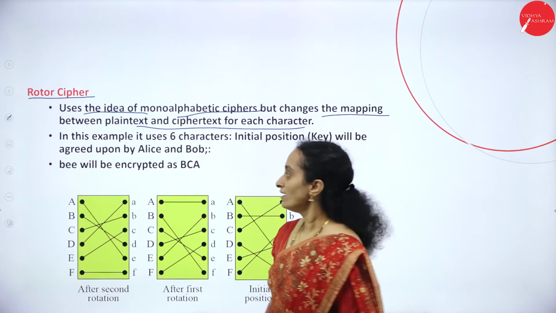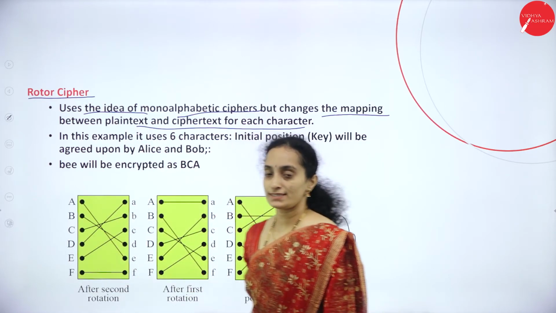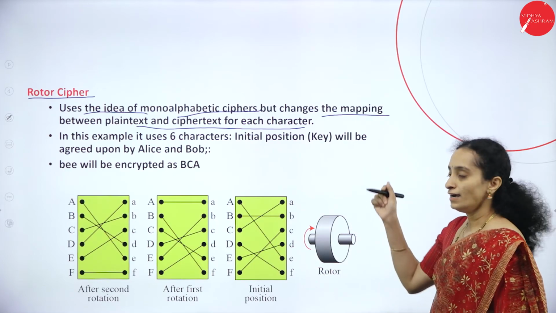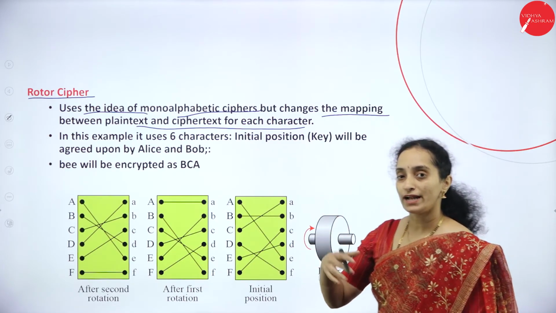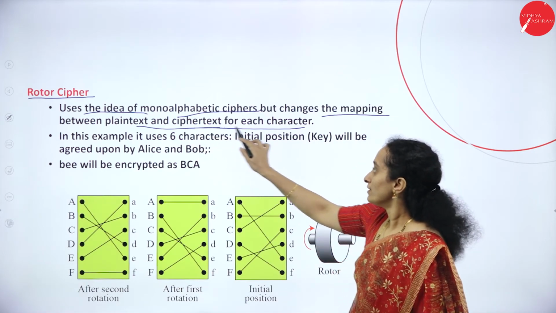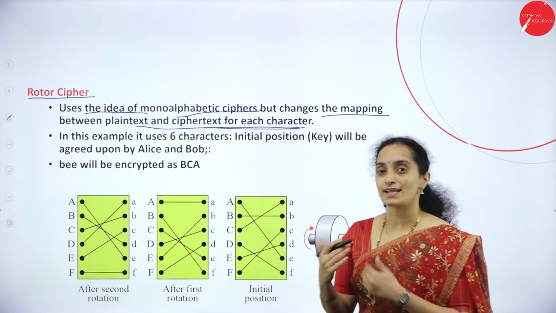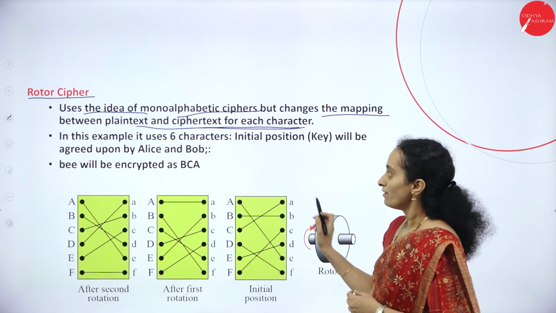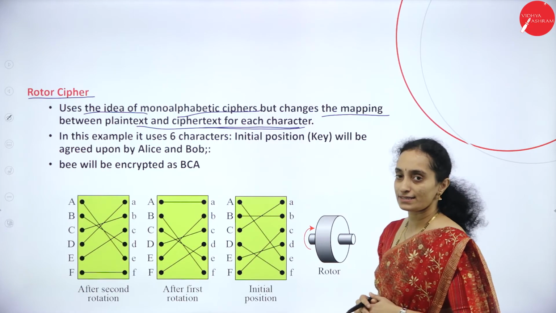Okay, here we have the rotor cipher. It is called a rotor cipher because the method rotates the characters. Here we have the rotation of plain text and cipher text. In this diagram we have 6 characters.